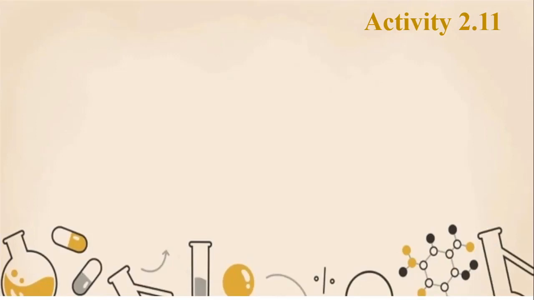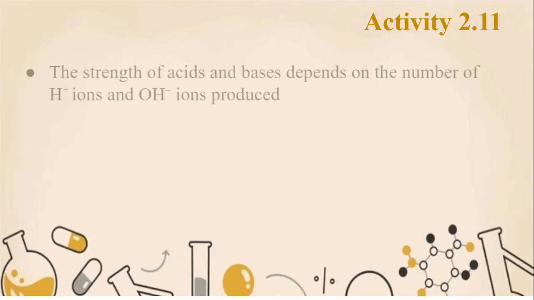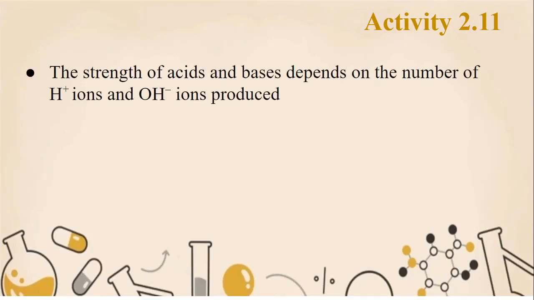The strength of acids and bases depends on the number of H plus ions and OH minus ions produced respectively.